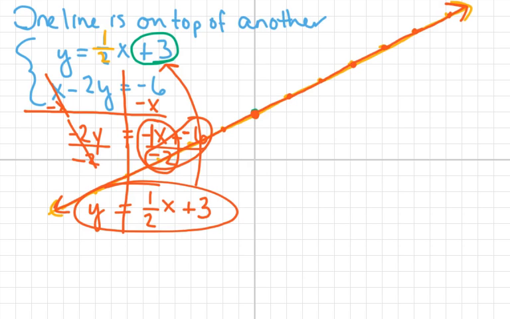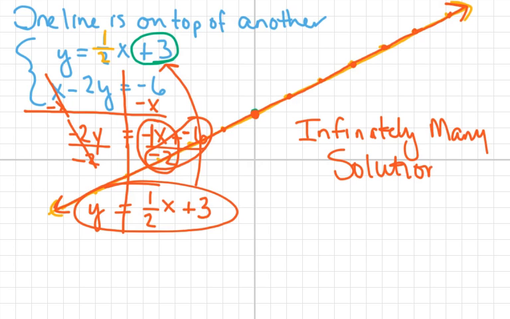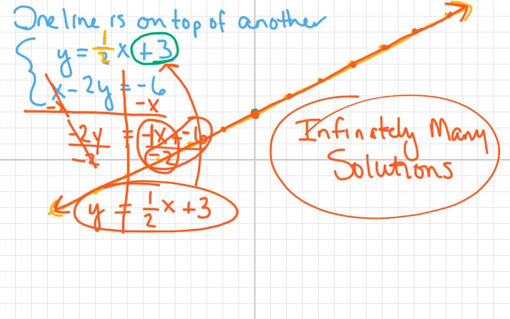When that happens, the answer is where the lines intersect, and they intersect at an infinite number of points. And because of that, we write that this has infinitely many solutions. And that happens when one line is on top of another.